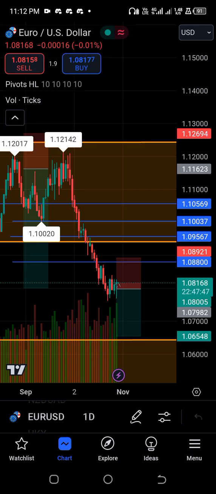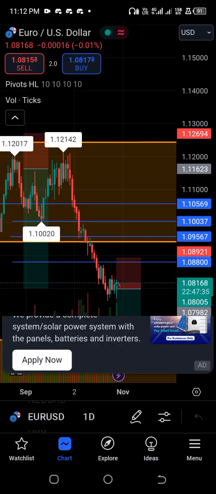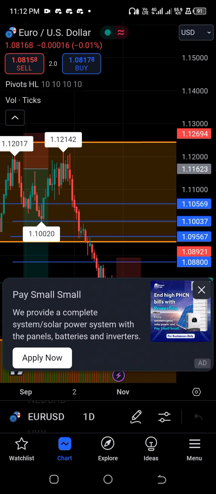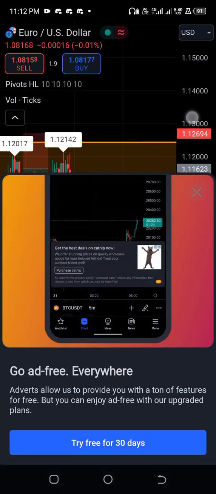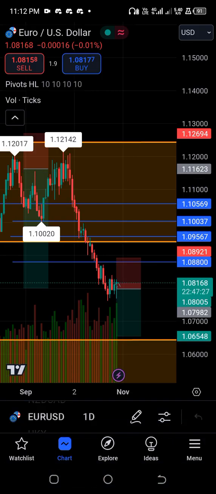You know that no matter what happens, you'll still be in profit because you are now way beyond or below, as the case may be, your entry price, and that puts you in profit, depending on when the trade will close. So that's that about this TradingView chart.